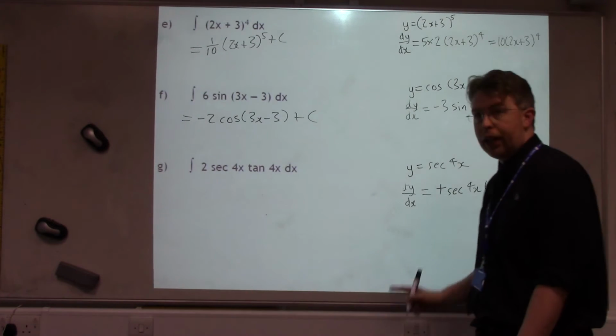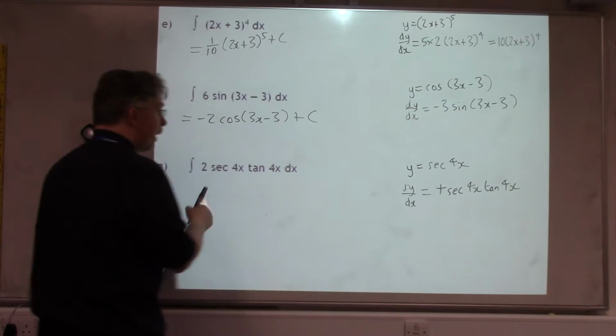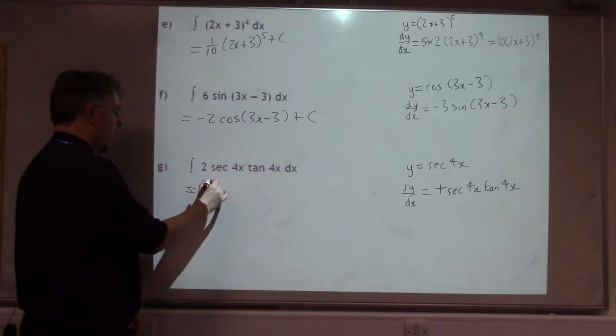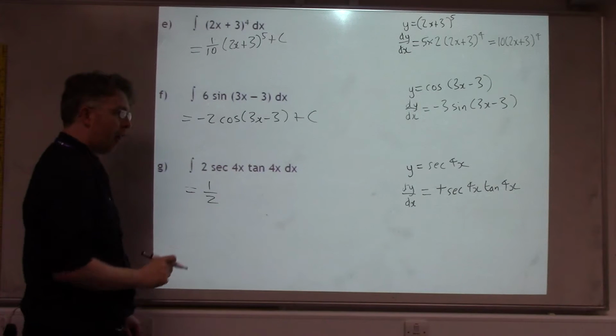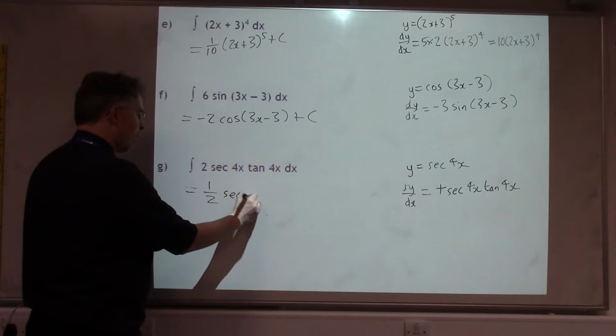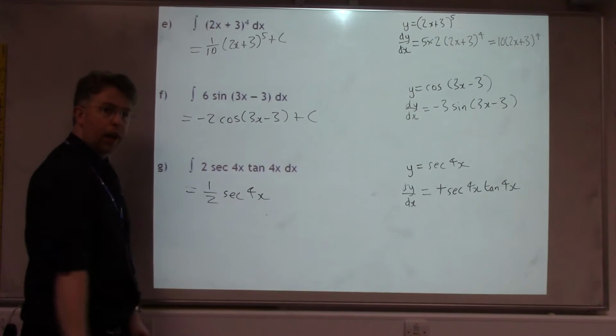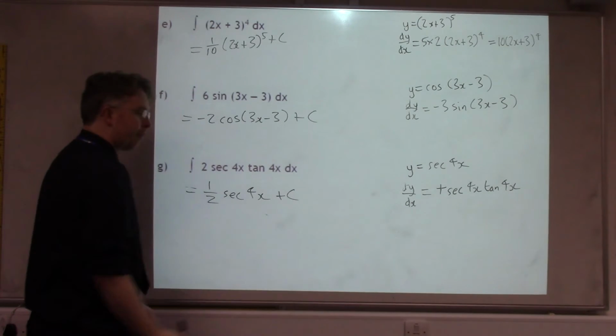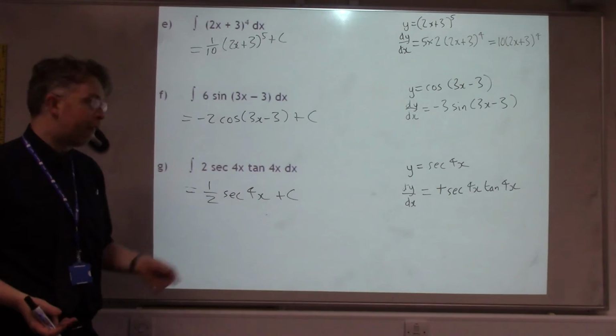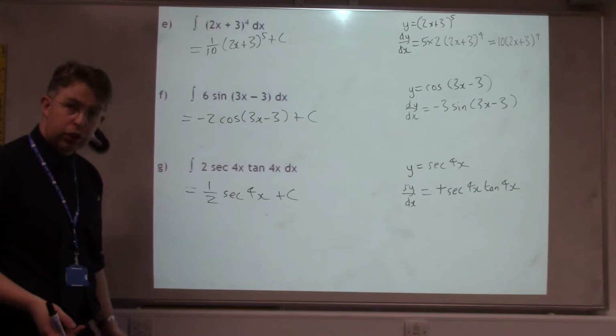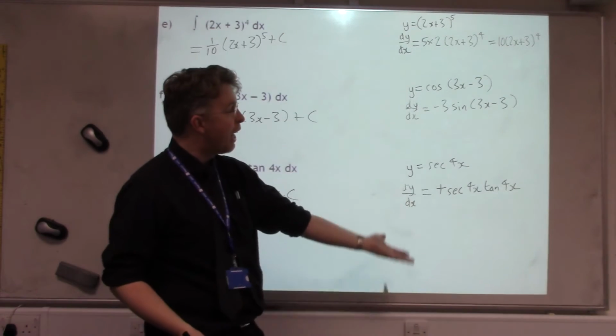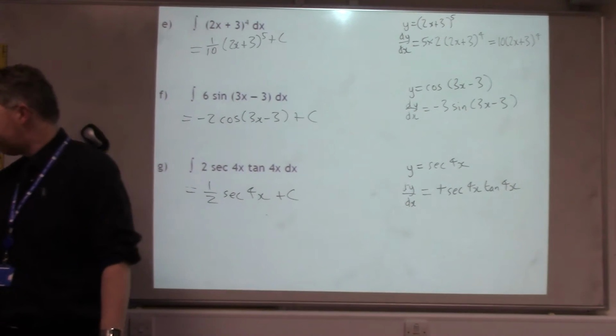So that's 2 times too big, so we need it to be halved. So I halve our guess. Half sec 4x plus c. So 2 possible methods. Memorise the formulae and just apply them. Or best guess, then check our answer on differentiation.